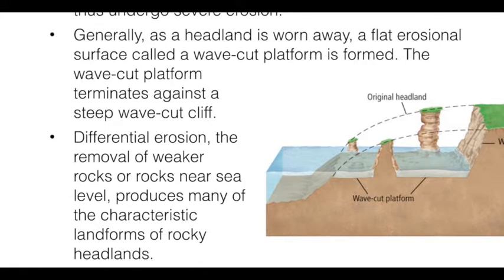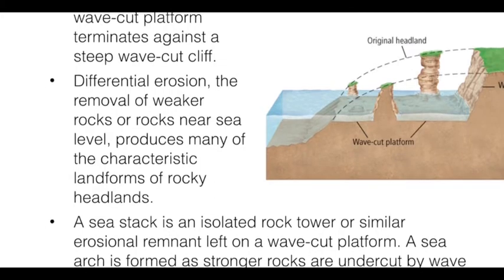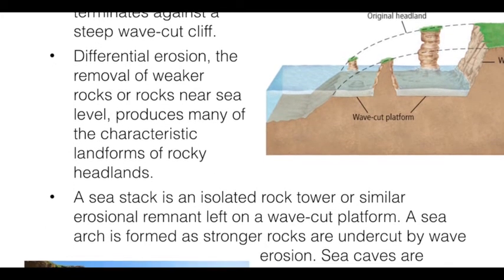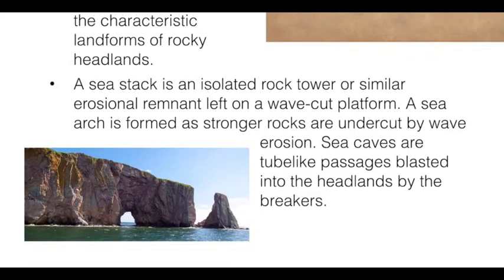Normally it's just right under the water surface and it's flat, and it used to be part of that jutting-out headland. You can get all kinds of cool sea stacks and arches as the water is carving into either hard or soft rock. The sea stack here obviously belonged to the promontory that's sticking out.